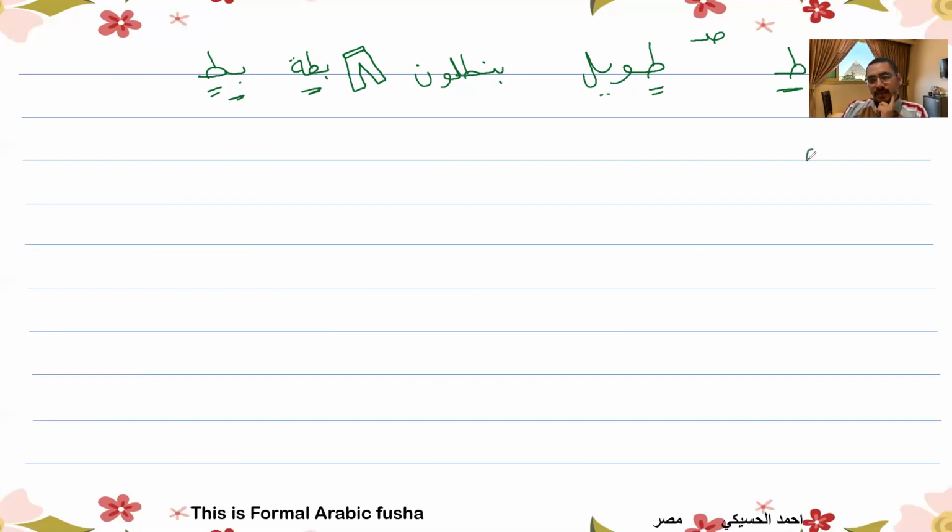Za, similar to ta, but has dots. In Arabic, we see this as one dot and this as ten. So ta has one and this has ten. Ta, za.